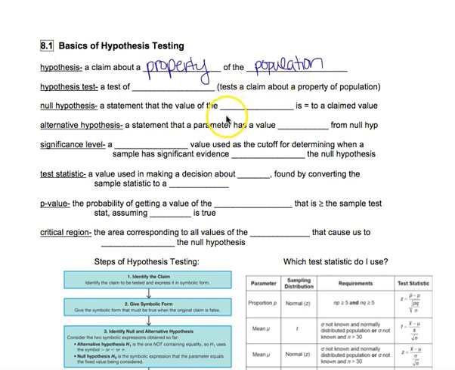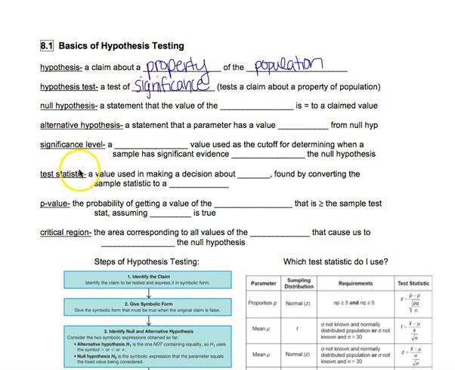It could be a claim about the mean. It could be a claim about the standard deviation. But that would be our hypothesis. A hypothesis test is a test of significance, which is basically going to test the hypothesis, the claim that we have.